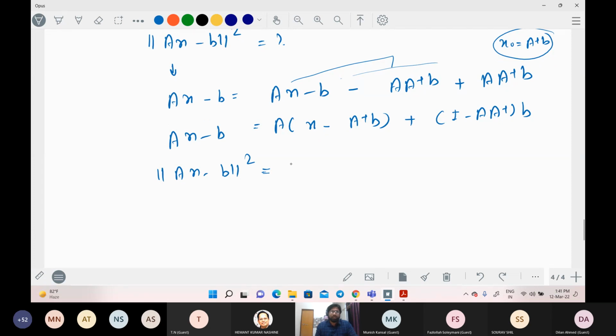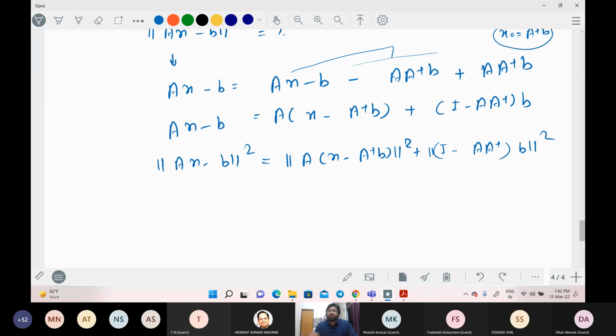With this theorem, I can write this as equal to the norm of A(x minus A dagger b) squared plus the norm of (I minus A A dagger)b squared. The cross term I am not writing because these are orthogonal vectors, so that will cancel out.